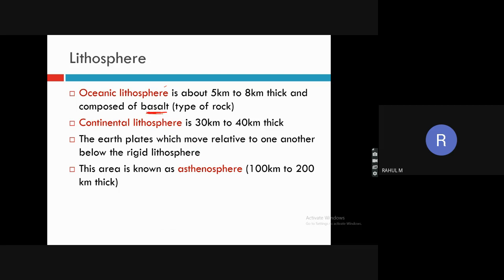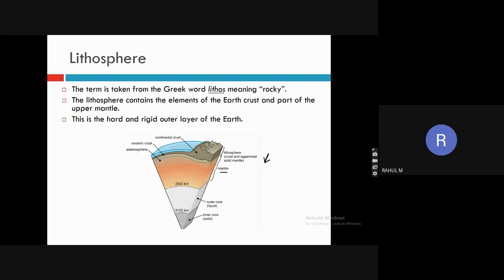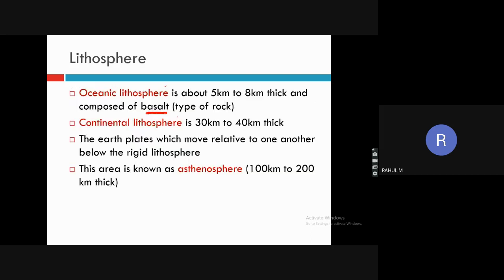And your continental lithosphere ranges from 30 kilometers to 40 kilometers thick. You can see from the diagram also. The top part is continental crust. Next is oceanic crust. So there is a range from 5 to 8 kilometers.